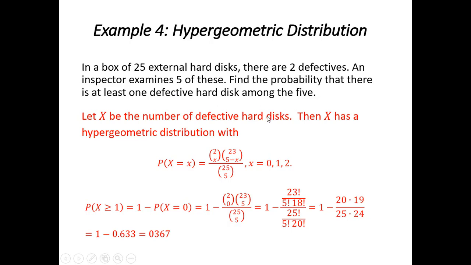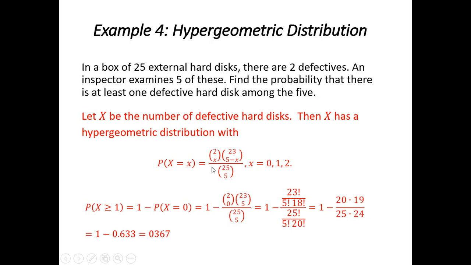However, let me take that back. There's only 2 defectives. So even though we're going to examine 5, there's only 2 defectives. So x could take on the value 0, 1, or 2. All right, so we let x be the number of defective hard disks. Then x has a hypergeometric distribution. And we could think of this as the probability our random variable x is equal to some value x is 2 choose x.